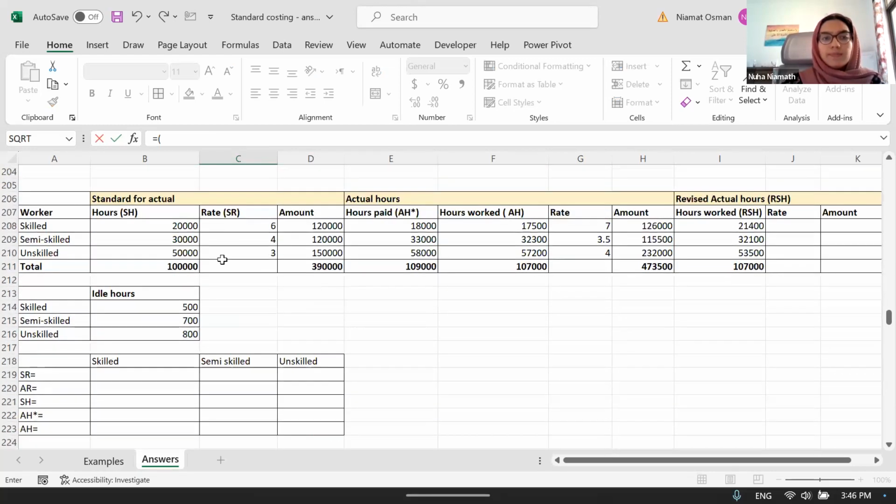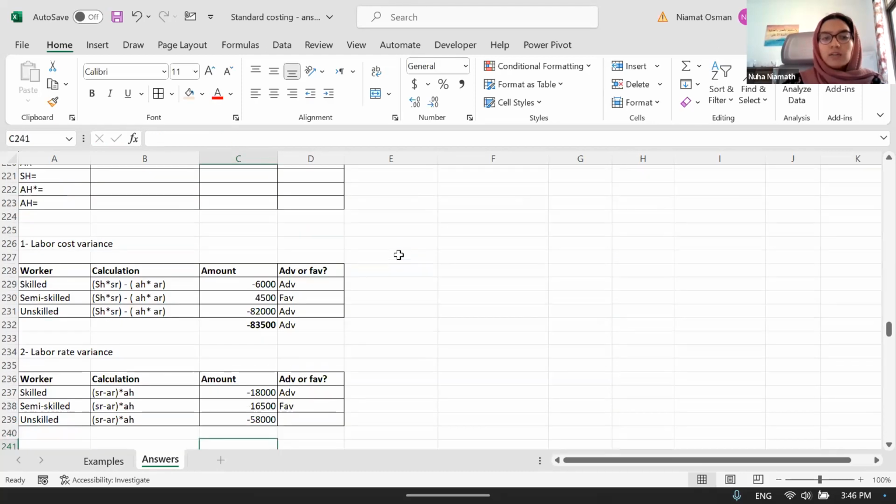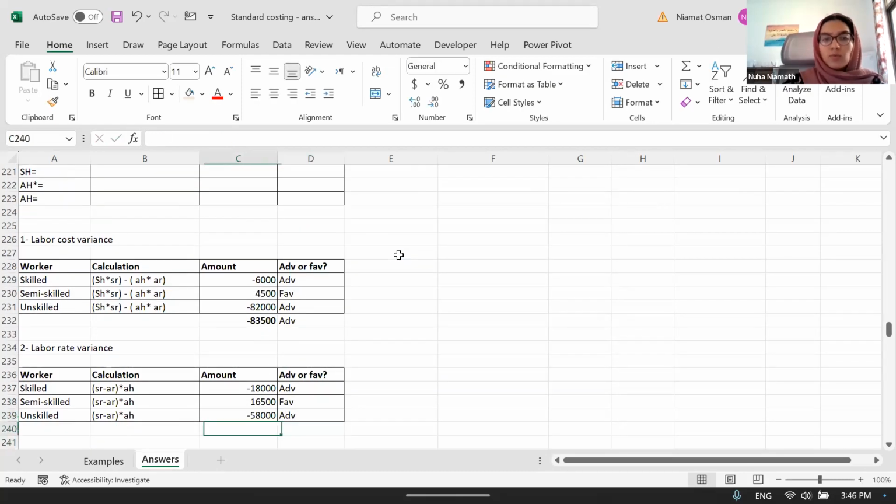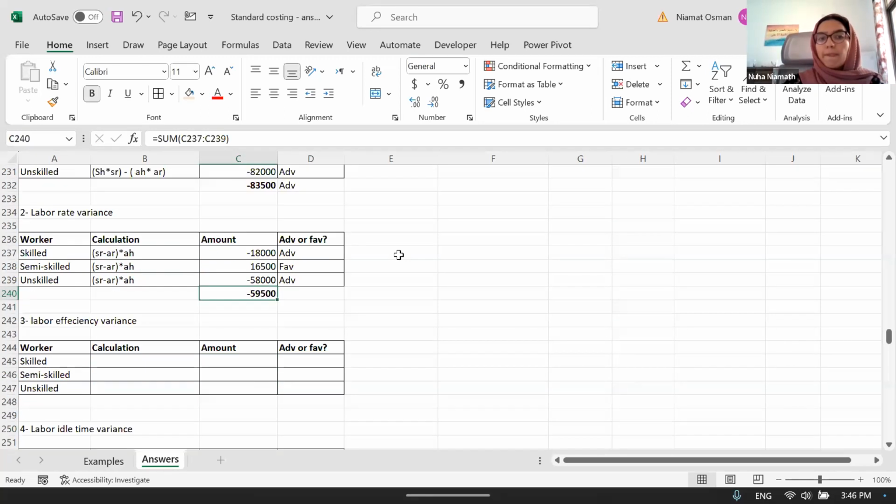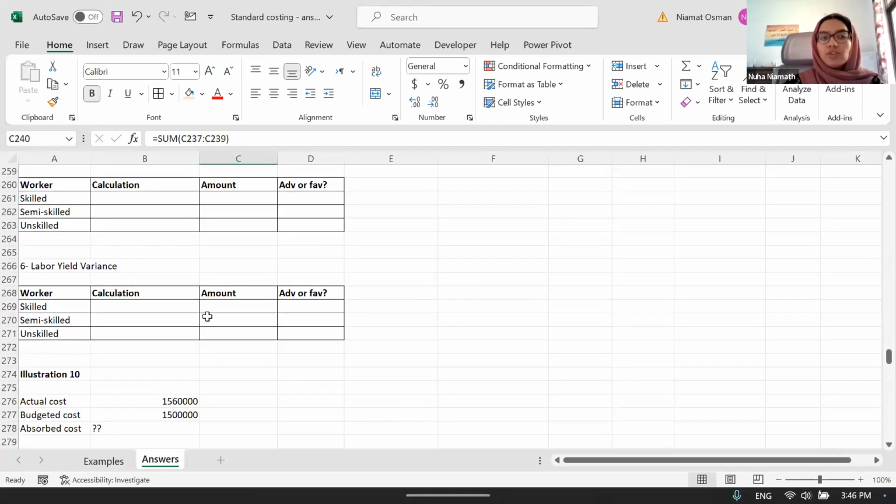For unskilled, standard rate 3 minus 4. I'm paying 1 rupee more into 58,000. Definitely adverse. What is my total? Adverse. Right?